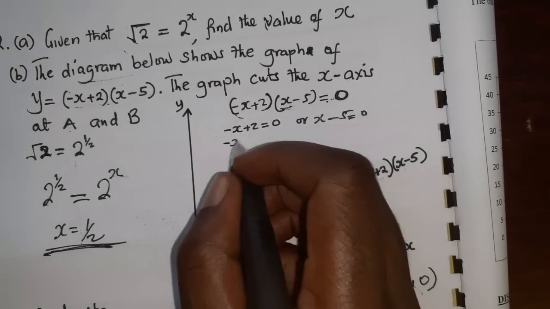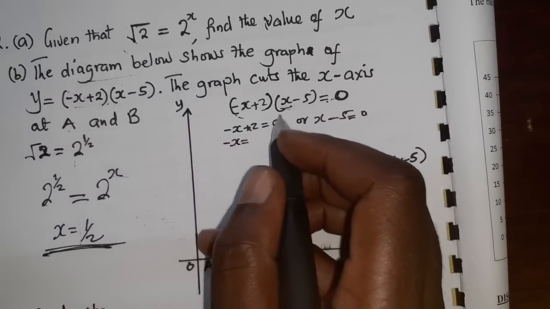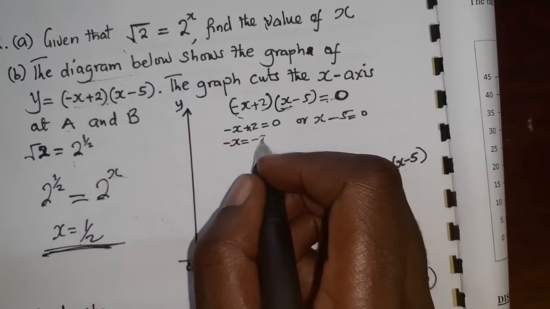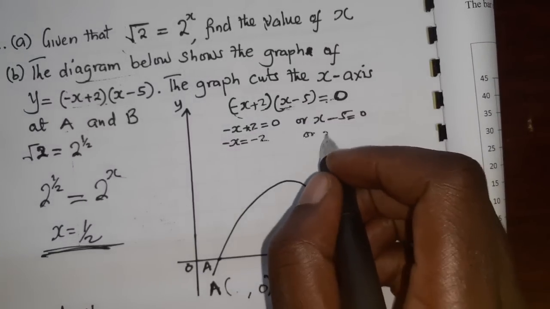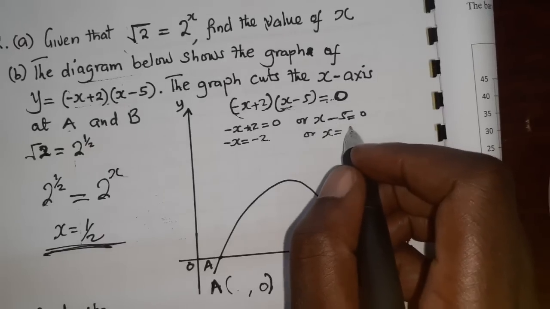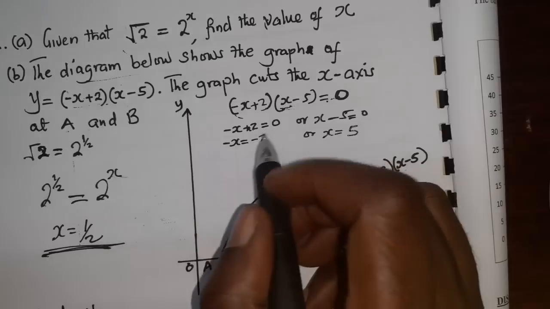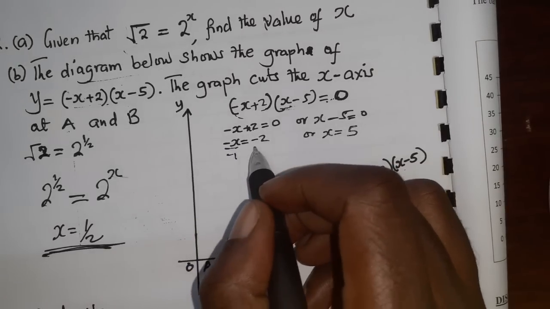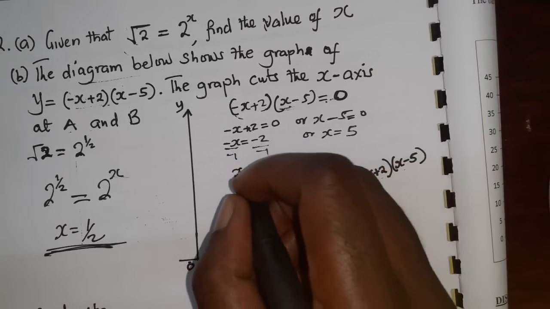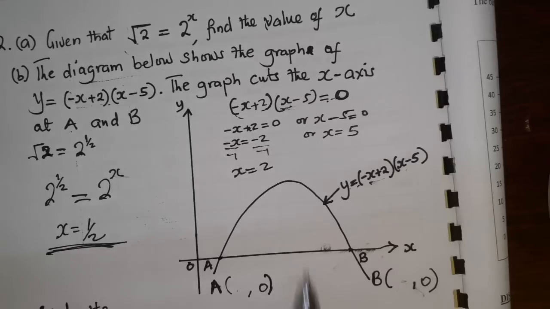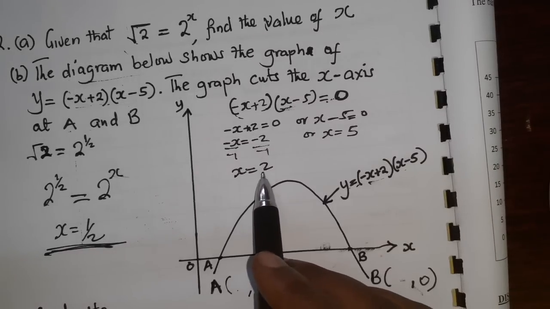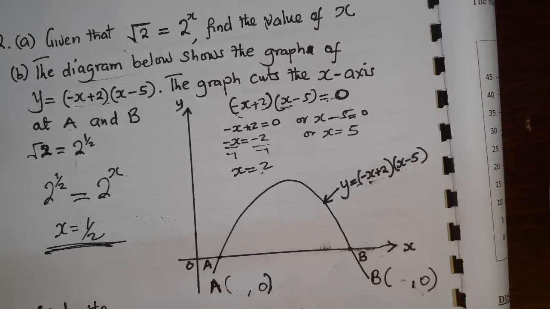for instance, if you are going to start with this one, when 2 goes to the other side, it will be negative 2. This one will be positive 5 when it comes here. Then here you divide by negative 1 on both sides, so you have x is equal to 2 and x is equal to 5.